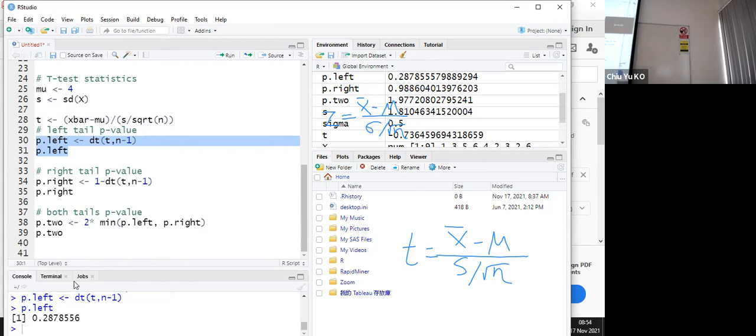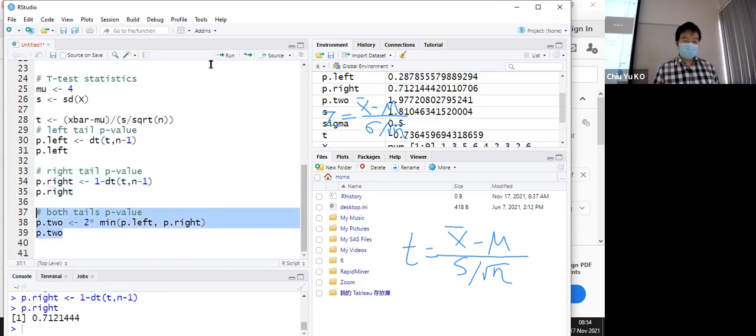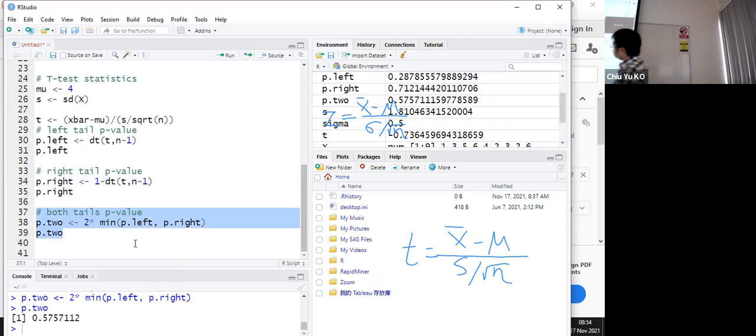Because in the normal you can reject it, but when you have a t-test, you can't, because the p-value is like 20%. And you know the right tail is already the complement, 41, 72. And the two tail is 50%. So this is how you can construct your t-test by yourself.